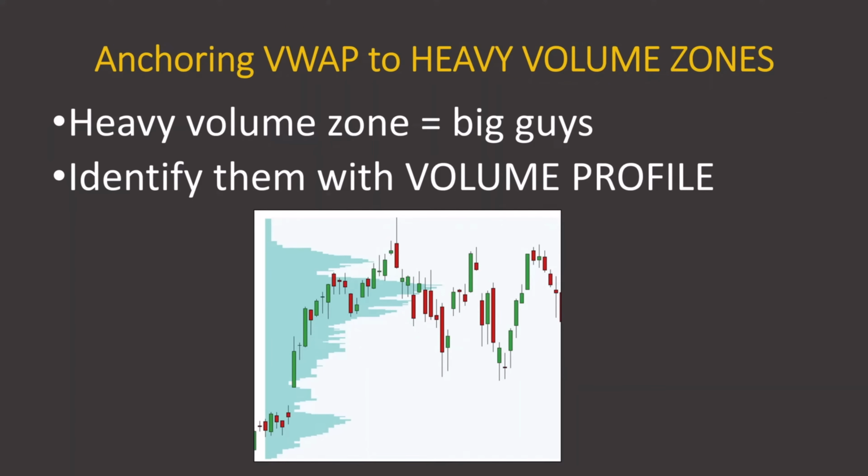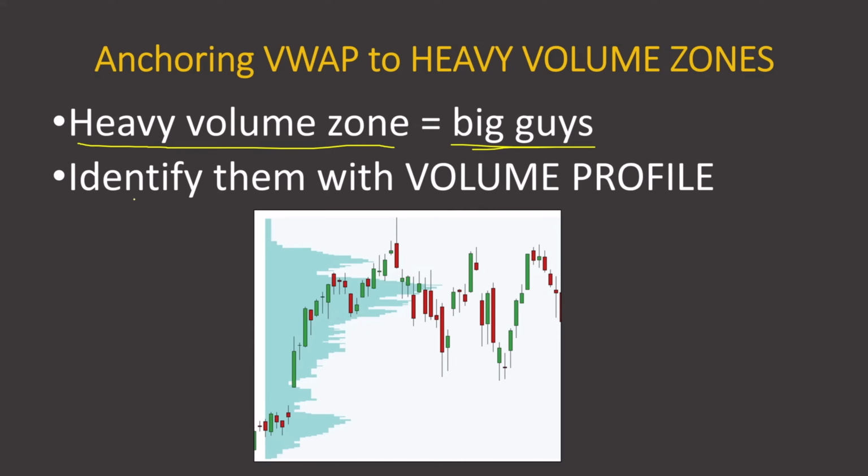And let's now cover anchoring VWAP to significant heavy volume zones. This is where you can combine VWAP with a volume profile, which is pretty cool, I think. So, heavy volume zone shows us the big guys, the big trading institutions.